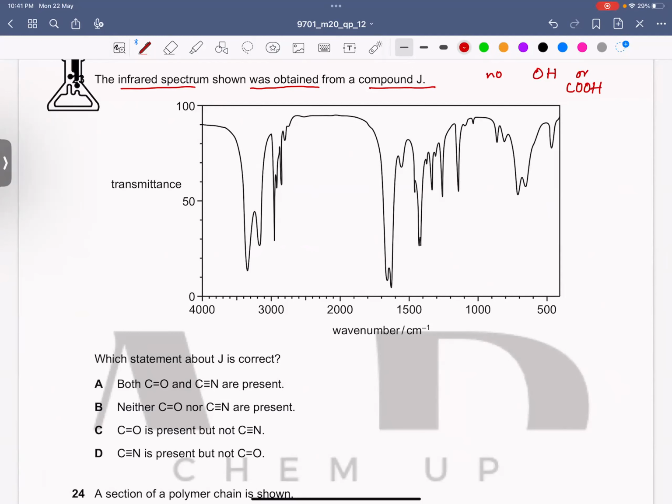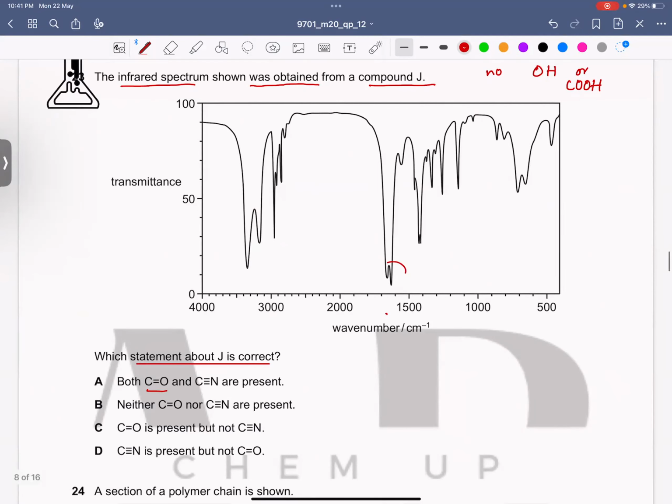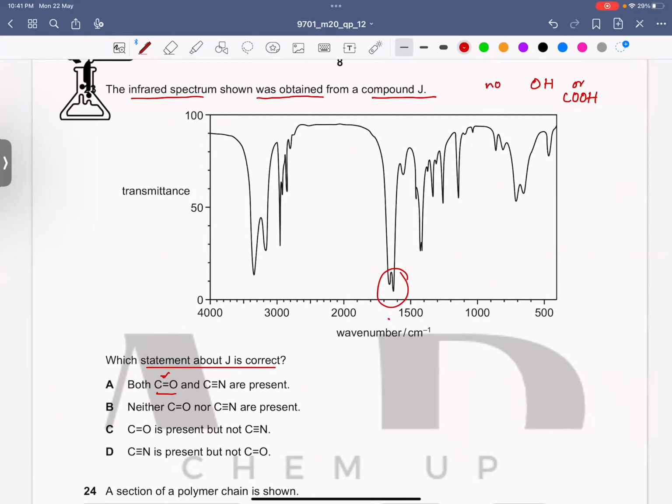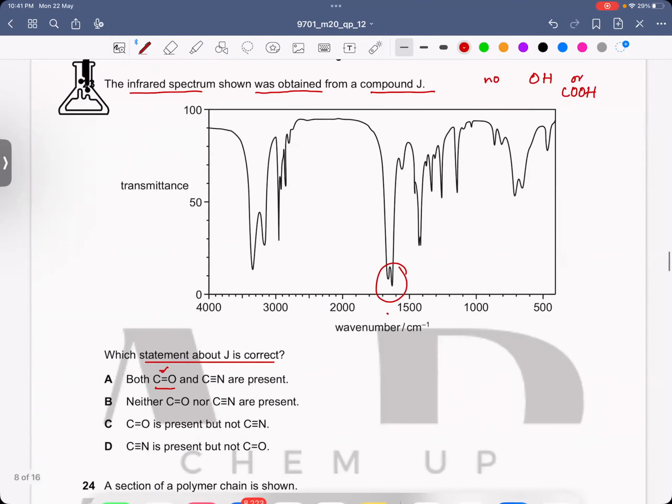Which statement about compound J is correct? Can anybody look in the spectrum and tell me that C=O is there? Yeah, so C=O is there. And they are asking about C triple bond N.